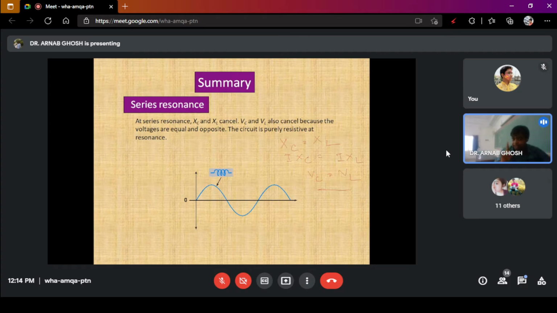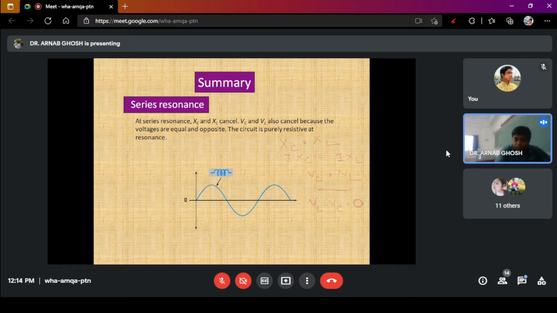But there is a but here. What is the but? VL and VC are in opposite phase to each other. So the net voltage, VL minus VC, will be equal to 0.